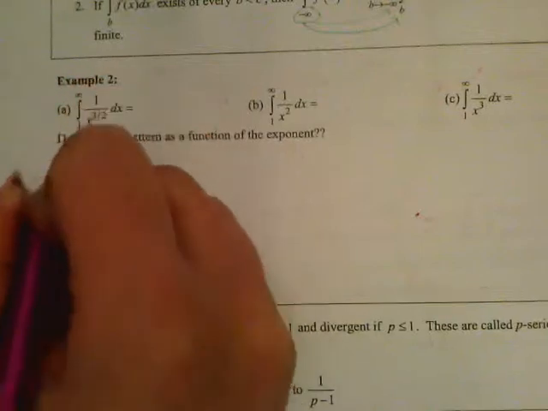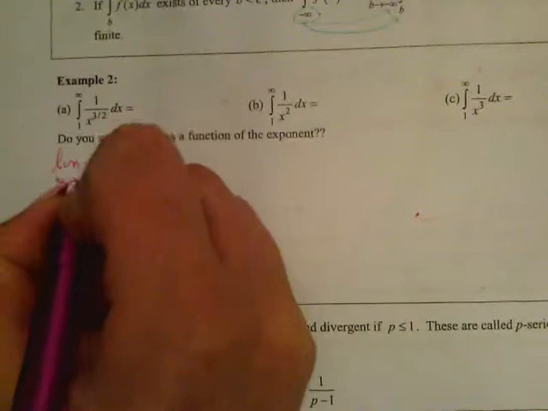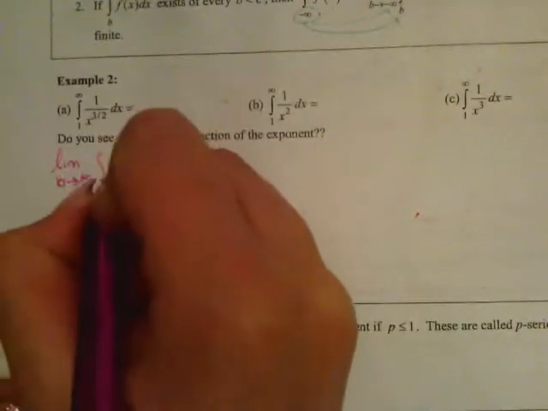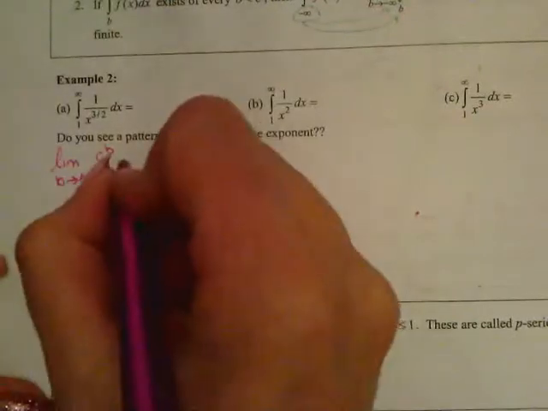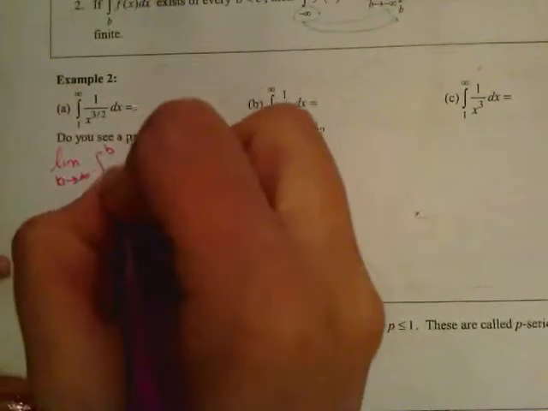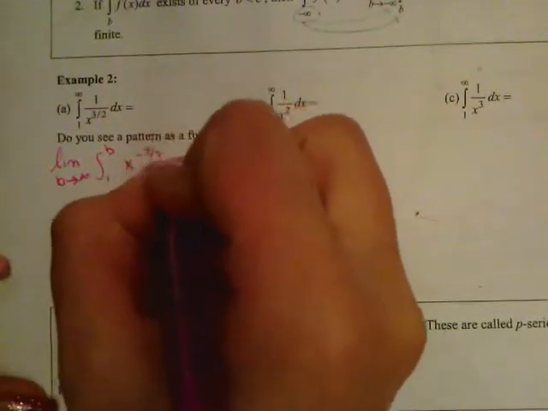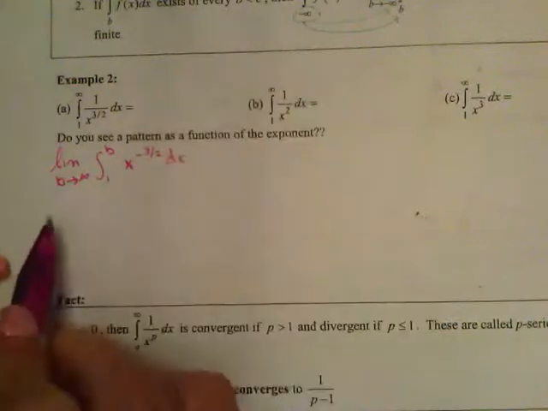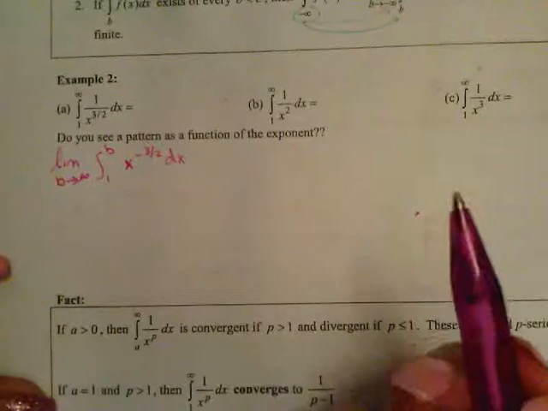The limit as b approaches infinity of the integral from 1 to b, rewriting infinity with b, of 1 over x to the 3/2. Just to make it easy to integrate, I'm going to rewrite this as x to the negative 3/2.